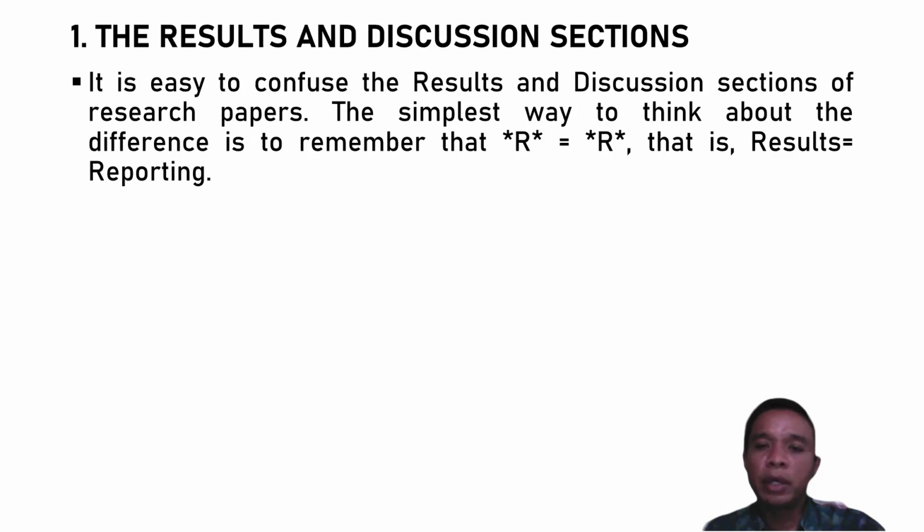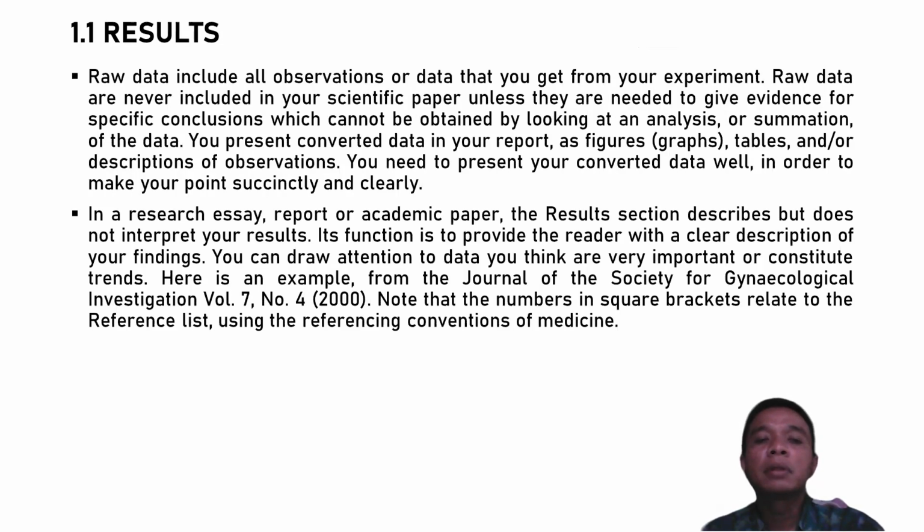The simplest way to think about the difference is to remember that R means R. That is, results mean reporting. So, what is results? Results, the second one, we will talk about results.